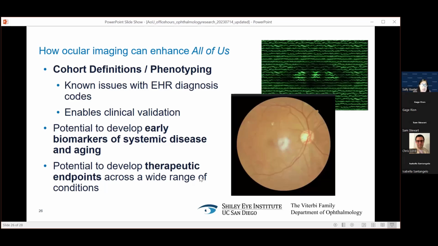So I think these kinds of images could be early biomarkers of systemic disease and aging. There's a potential to look at other therapeutic endpoints across a wide range of conditions. And I think it will help with cohort definitions and phenotyping. And there are discussions about how we might be able to add this to the All of Us enrollment, because it's very quick and easy to obtain these images, in contrast to some other radiological images, which are very time consuming, expensive, and in some cases invasive.